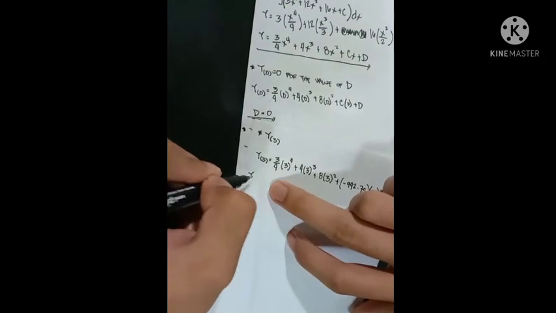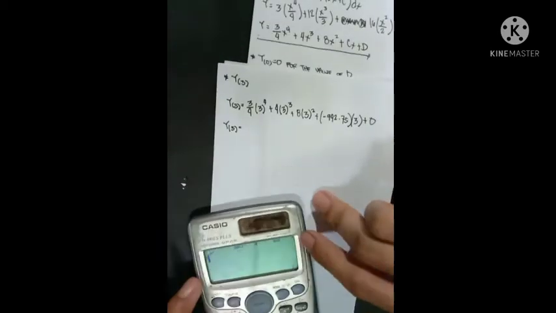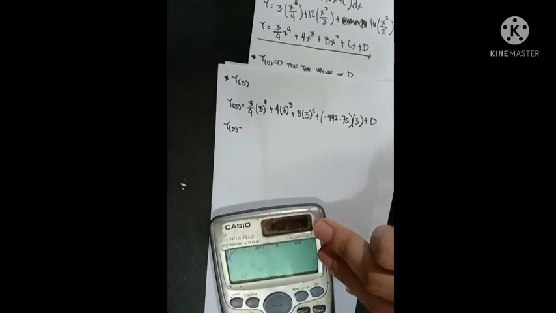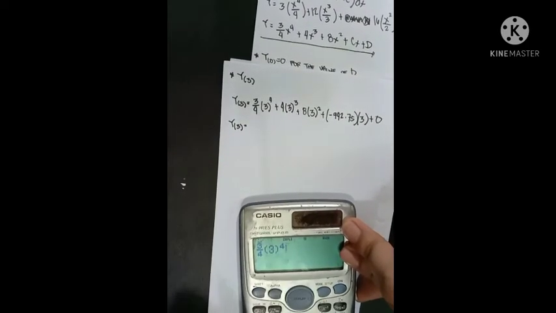So for our y3, it is 3 over 4 times 3 raised to 4 plus 4 times 3 cube plus 8 times 3 squared minus 942.75 times 3 plus 0.